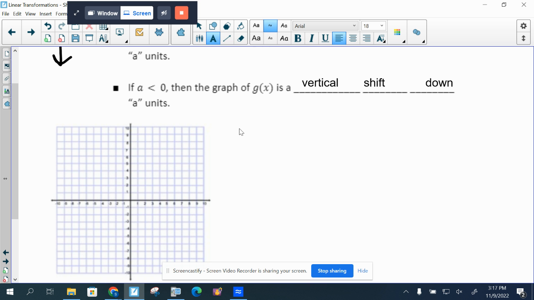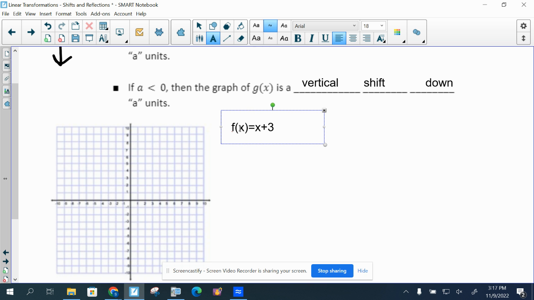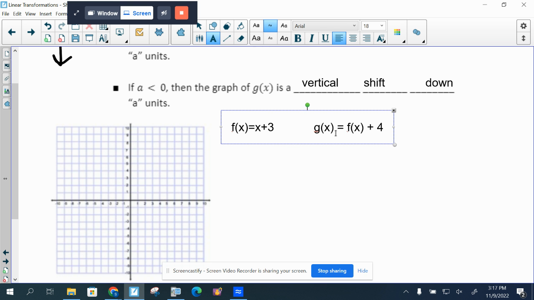But the first example is going to be f of x equals x plus 3. And then your function rule will be g of x equals f of x plus 4. This is going to be causing a vertical shift up 4 units.